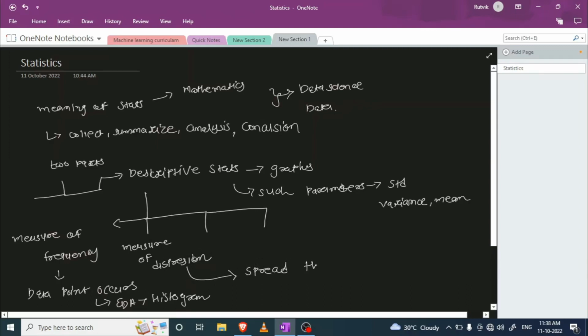We measure how the data is spread using parameters called variance and standard deviation, etc. In the third part, we talk about the measure of central tendency.